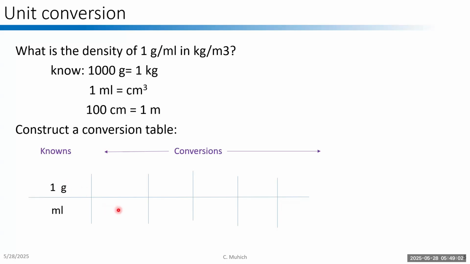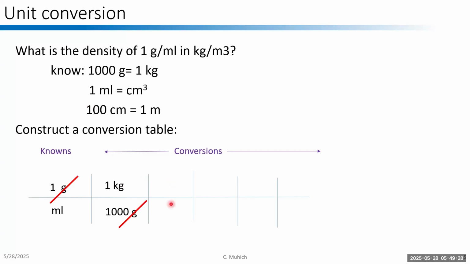I have grams here, so I need to get rid of grams. I can put the 1,000 grams here, so that leaves me with 1 kilogram up here. This is going to make sense now because when I eliminate the grams, I'm left with kilograms on top. That's what I'm looking for. I now need to get rid of the milliliters, so I need to use this first conversion piece of information.